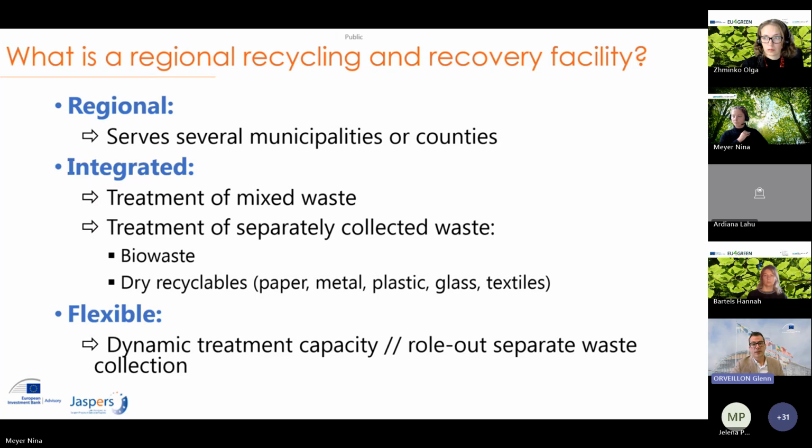We consider these facilities as integrated. Sometimes we even call them integrated waste management facilities because they are meant to treat both mixed waste and separately collected waste. And that's what you need if you want to reach circular economy targets, meaning that you need to start with usually bio-waste at least, and if possible, dry recyclables. And they are flexible.